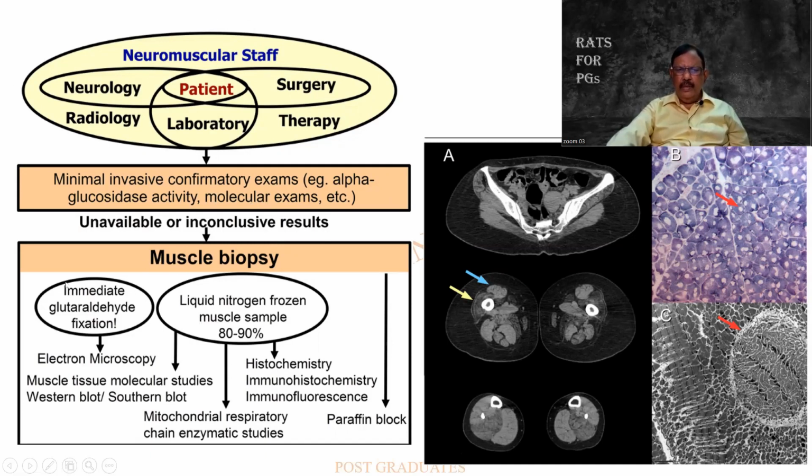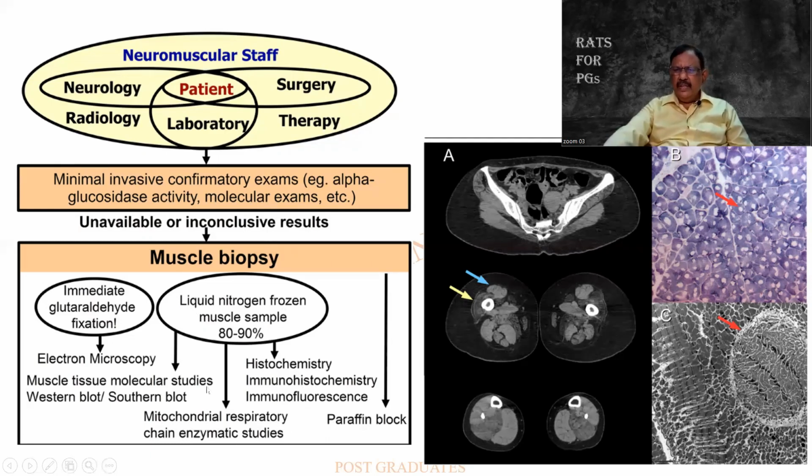As I told you earlier, glutaraldehyde, go in for electron microscopy. Nitrogen or frozen muscle biopsy, you can go in for histochemistry or immunohistochemistry. Paraffin block for the normal histology as such. And sometimes you can study the mitochondrial respiratory chain also.